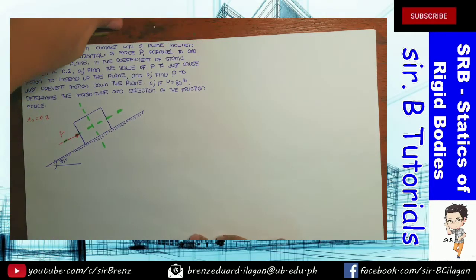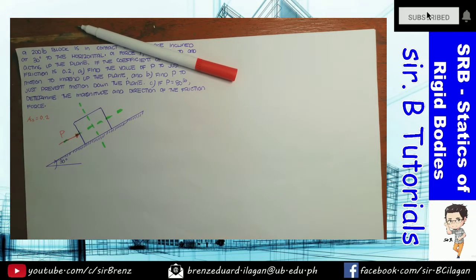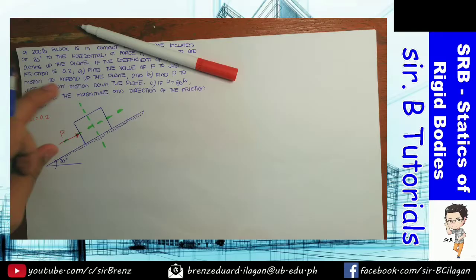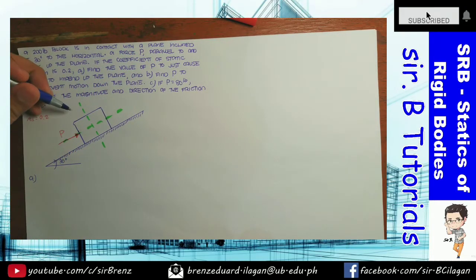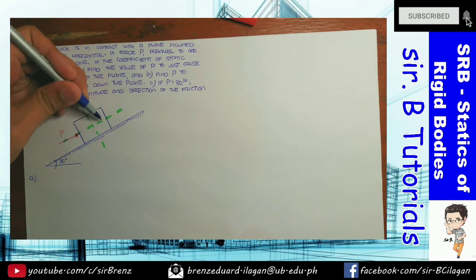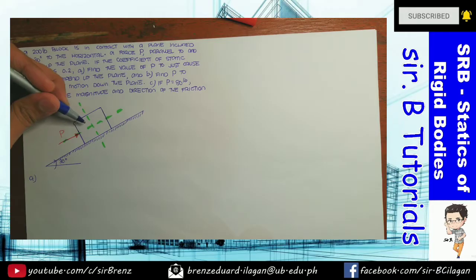Okay, so let's start first solving for letter A. Ang mangyayari dyan, actually, wala pa siyang motion kasi static friction. But sinabi doon sa letter A, ang kanyang case dito is up the plane, or yung moment before siya umakyat doon sa plane. Ano yung maximum value ng P para mangyari yun?